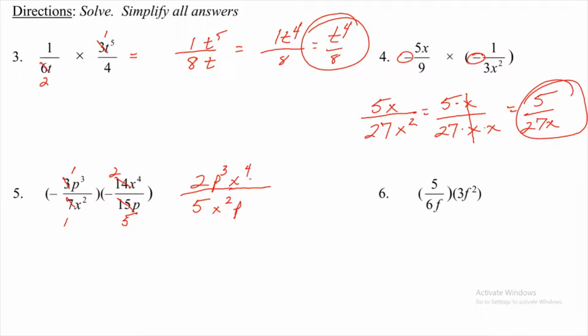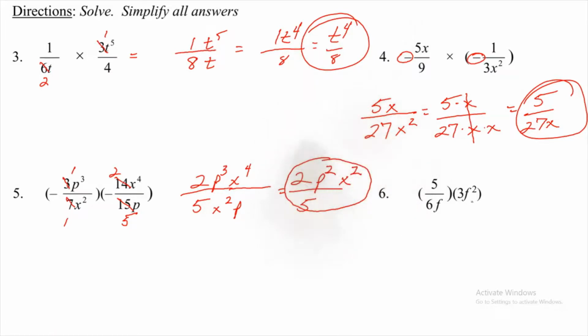So I'm going to ask you this question. Rather than list them out, where do I have more p's, in the top or bottom? I have more on the top. So how many more do I have on top? 2. Where do I have more x's? On the top. How many more? 2. So that would be your answer. 2p to the second x to the second over 5.